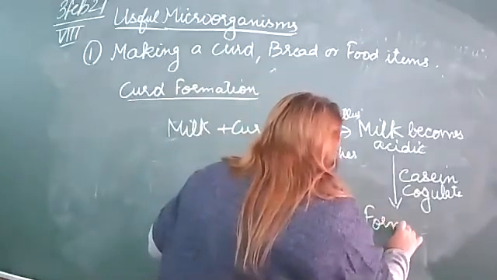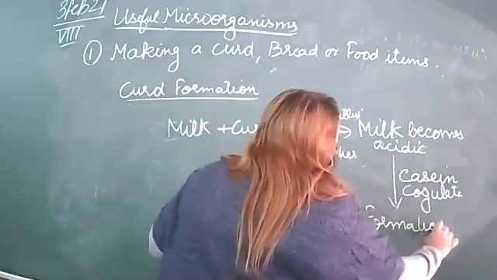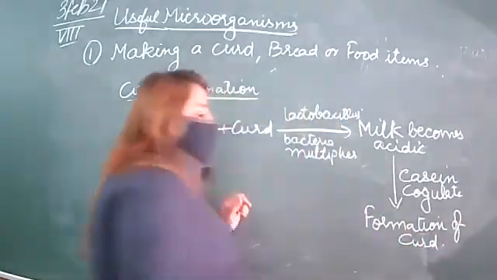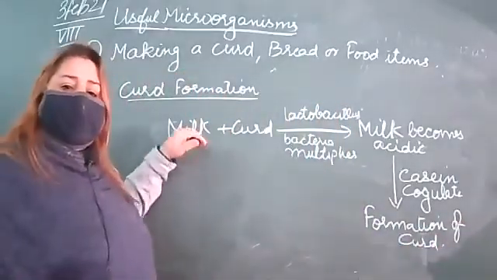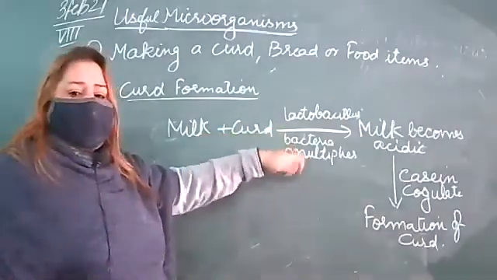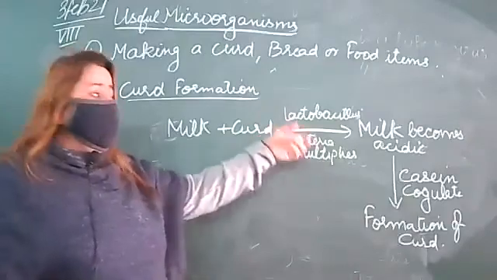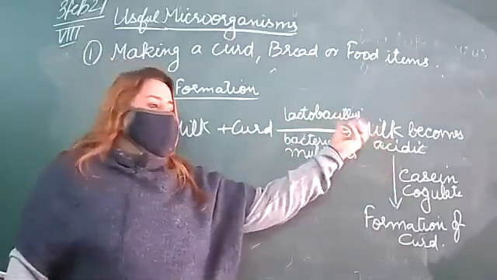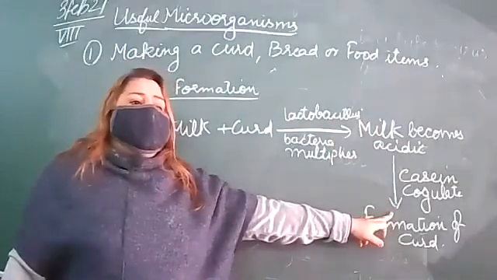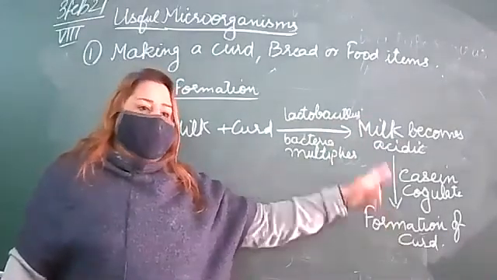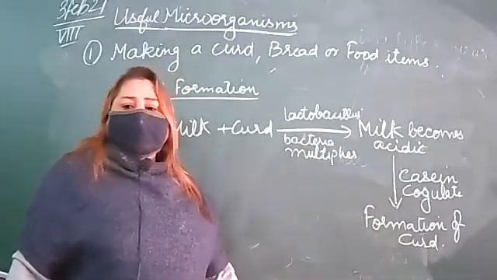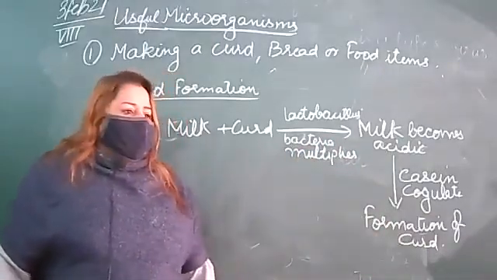Formation of curd. What happened is, when we take the milk and add the curd in it, lactobacillus bacteria multiply rapidly and make the milk acidic, खट्टा हो जाता है. Then the casein protein present in the milk coagulates, that means sticks together, and formation of curd is done. Clear?